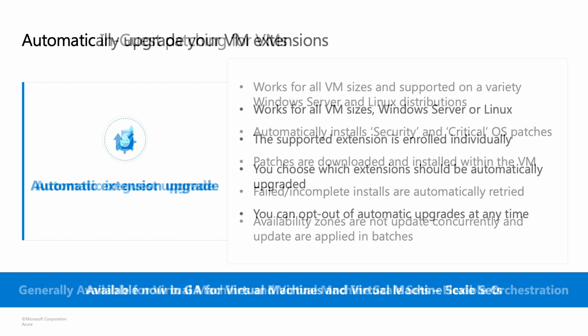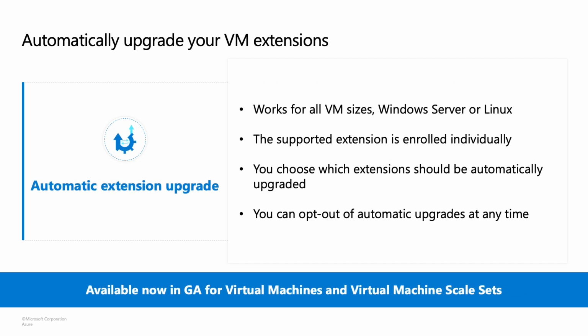Now, let me go into automatic upgrades for VM extensions. Most of you have used VM extensions to deploy your application or to have security aspects installed on your VMs. Till today, once you installed the extension, you were not getting updates. If there was a new update, you had to manually go in and update those.